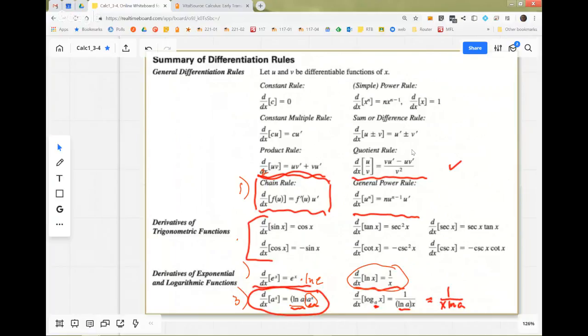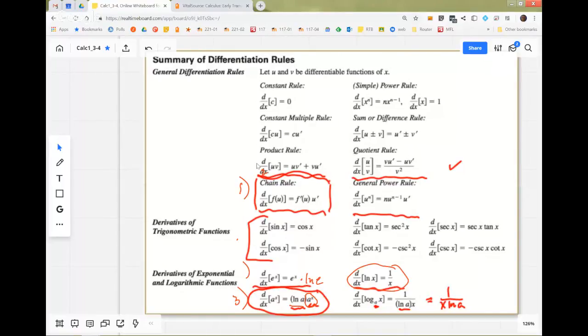We learned that when you take the derivative of a sum or a difference, you can just take the individual derivatives and then add them or subtract them. So no surprise there. Then we learned the product rule and the quotient rule.